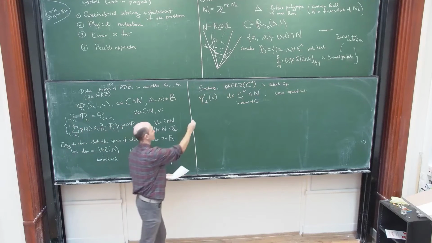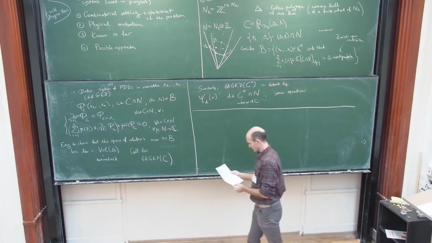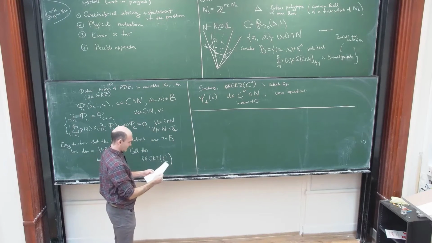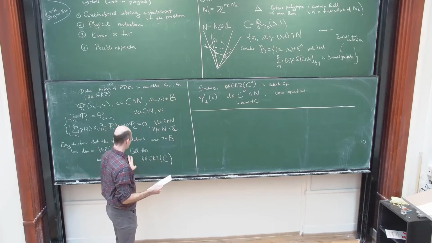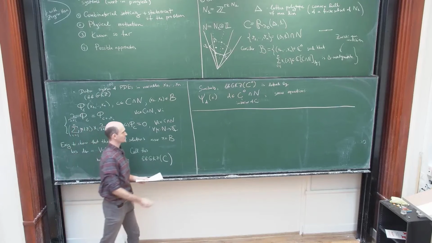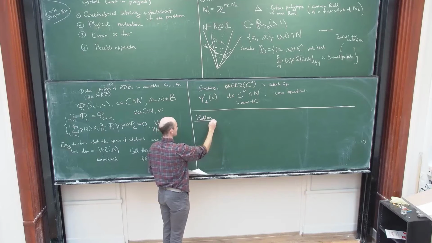Okay, now, oh, I forgot to say, it has the same dimension of the space of solutions. Now, what does this have to do with the topic of the workshop?